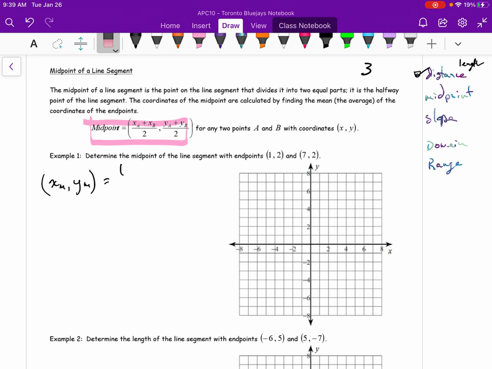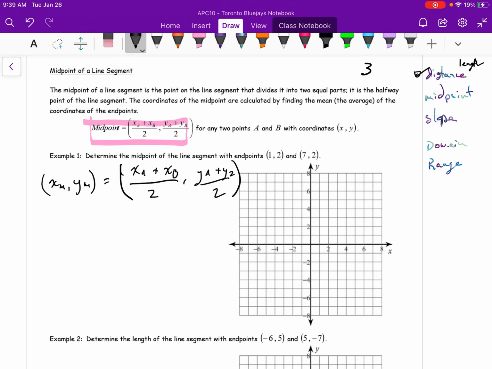This formula is the average of the x coordinates, and the average of the y coordinates. Sometimes you can see this visually quite easily. Other times we're going to jump to the formula.